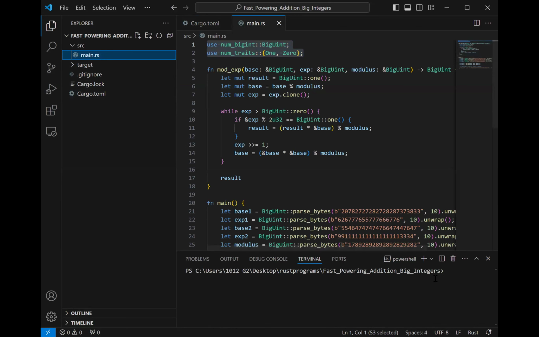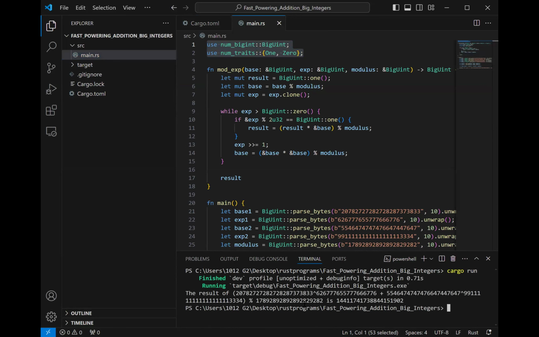Okay, so let's try to run this. Okay, so it has given us some result. Let's try to increase the number a bit. Of course, if you increase it a lot, then it may run, but take a longer time to run.